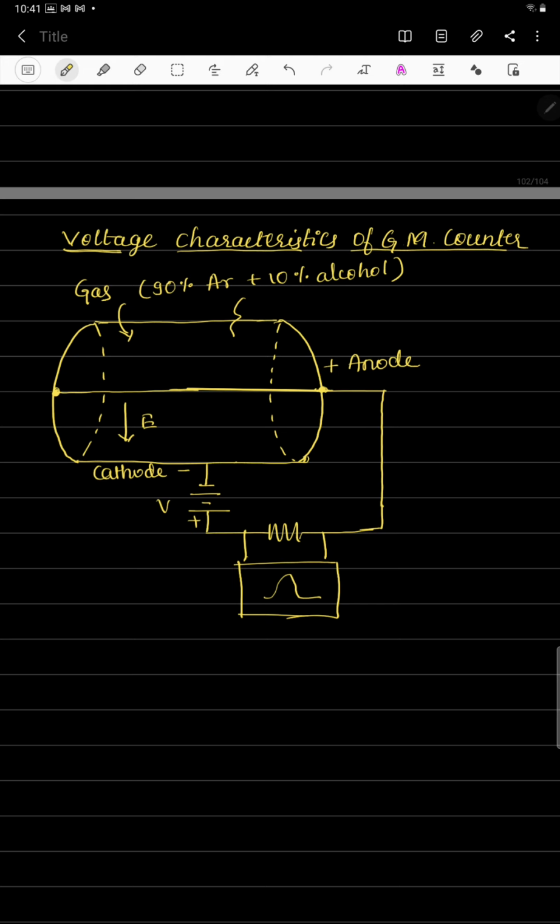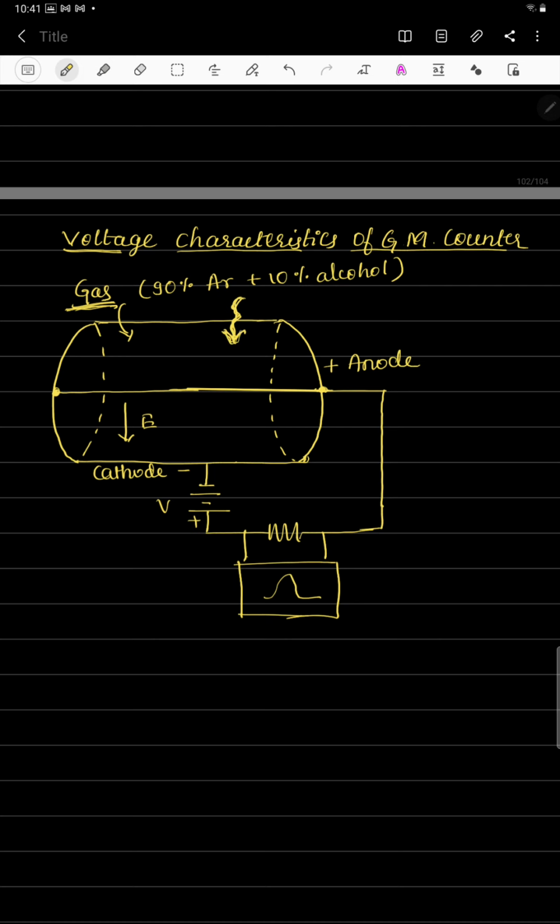Whenever an ionizing particle coming from the radioactive source enters the metallic chamber, which is filled with a gas medium, it is going to ionize the gas present inside the chamber.